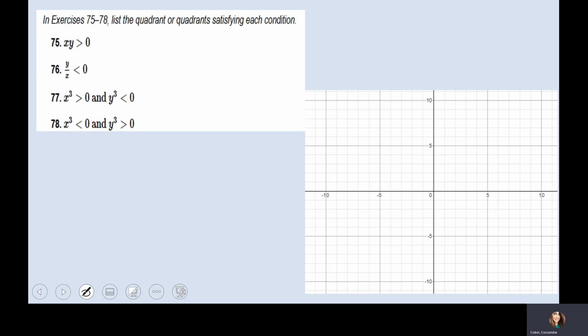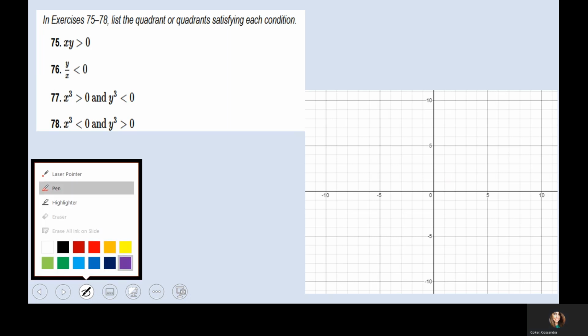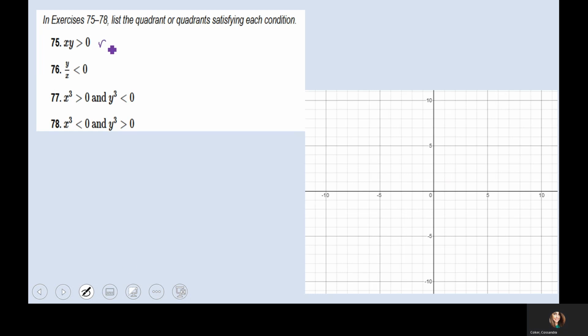The product of an x coordinate and a y coordinate has to be greater than 0, which indicates it must be positive. Think about what is the only case or cases where we can multiply an x value and a y value and get a positive number.